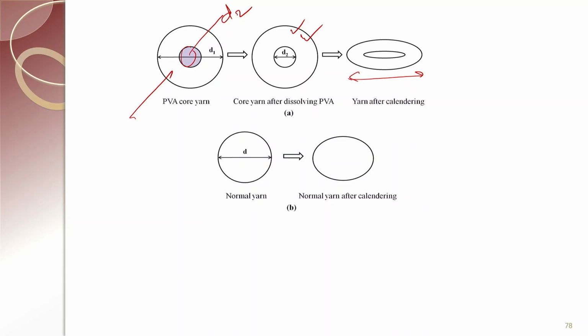In normal yarn also it gets flattened, but not to that extent. There is a little bit of elliptical shape, but the effective width of the hollow yarn is much higher than the normal yarn.